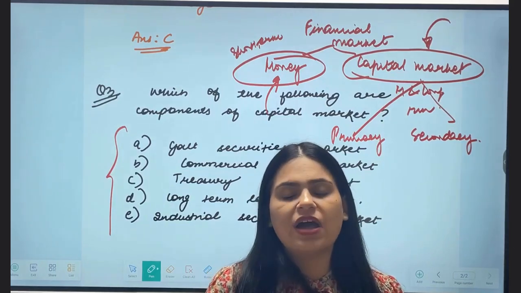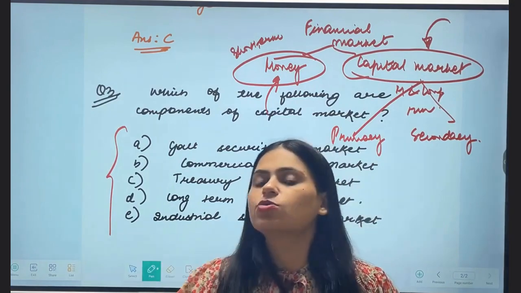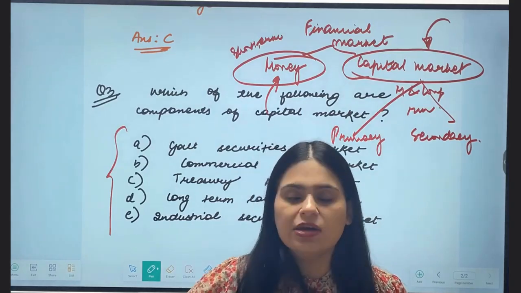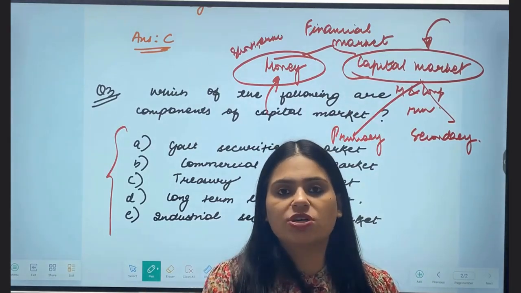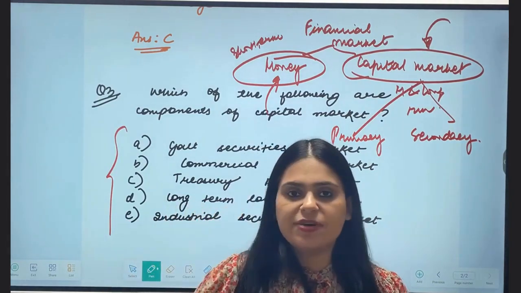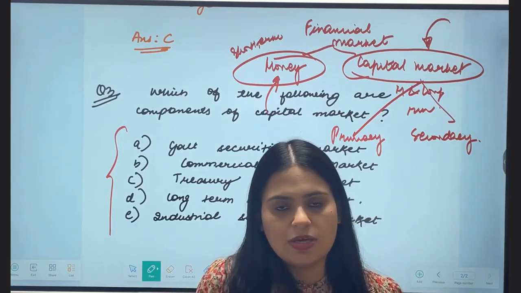In many cases when I am issuing the share, the firm is issuing to the customer. Like when Zomato came or LIC came, the firm directly issued shares to the customer. That is primary market. Now suppose I purchased LIC share using some app, like I bought it from Zerodha.